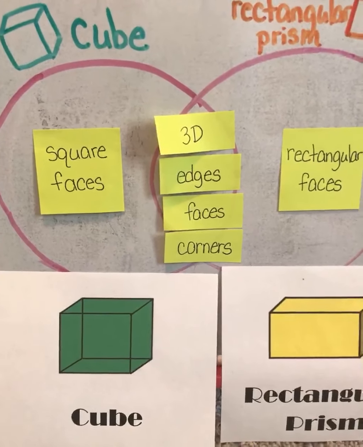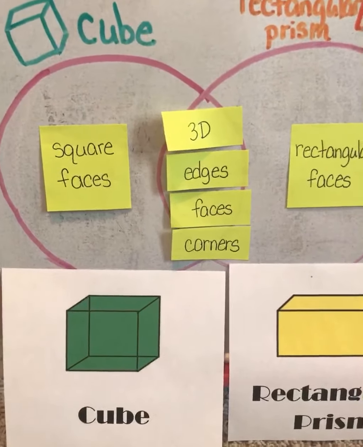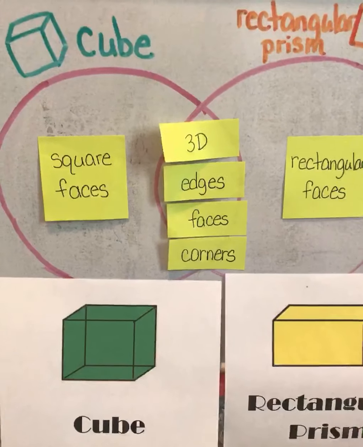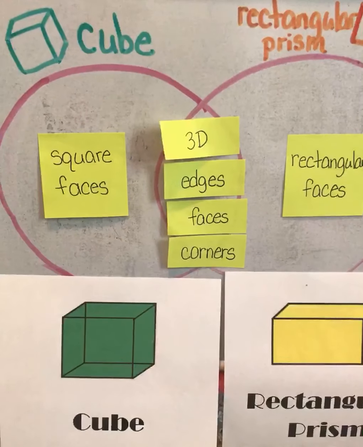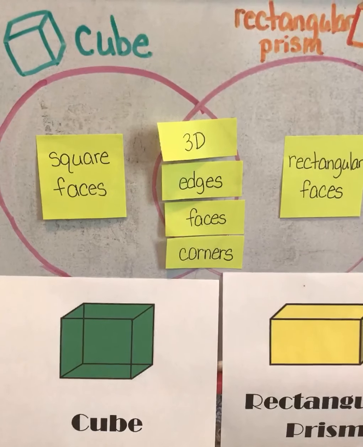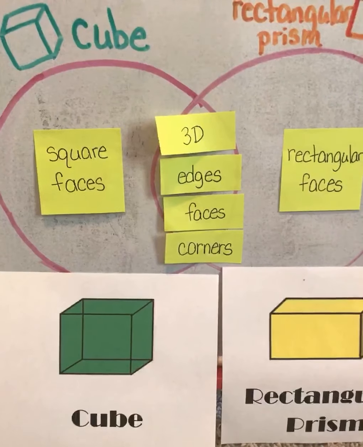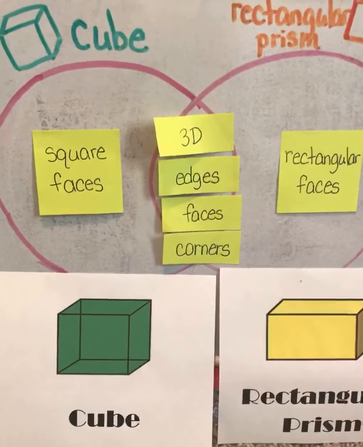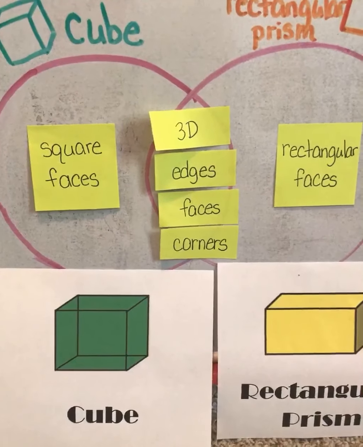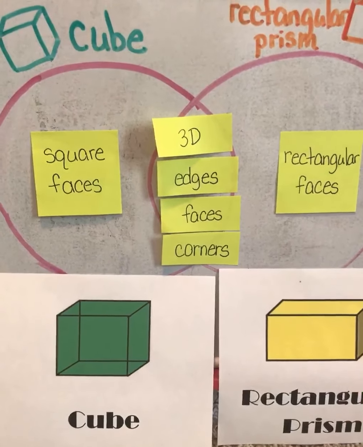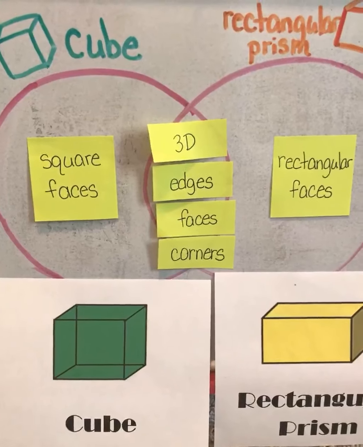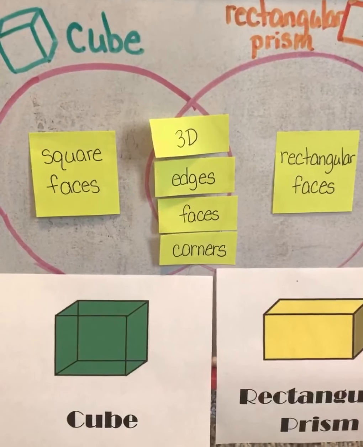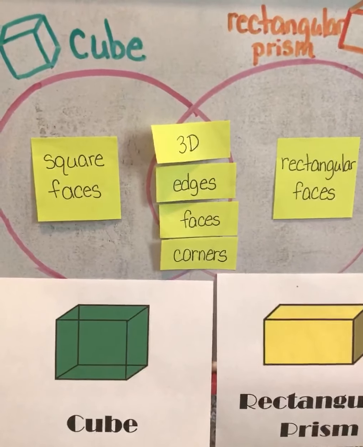Now, you can do comparisons not just in math, but also with literacy. And later this week, I'm going to be sharing with you a literacy lesson that's going to be comparing two things much similar to this. We'll be doing a Venn to talk about what's the same and different. So I hope you'll use this in your lessons this week. Again, you'll be talking about 2D and 3D shapes.